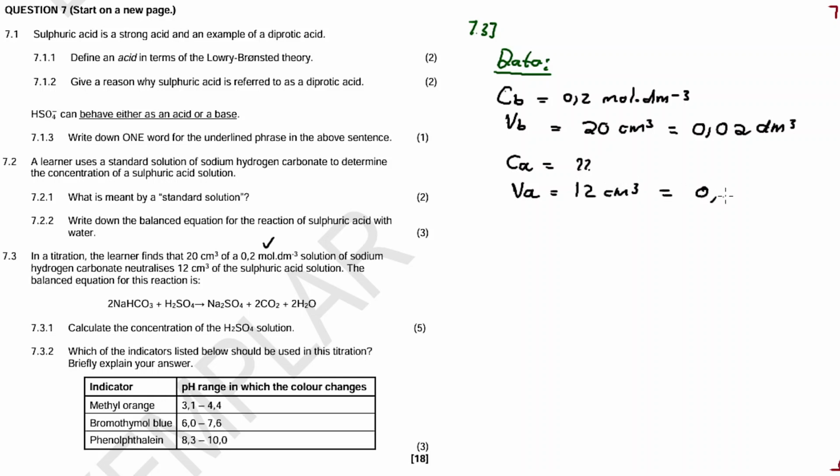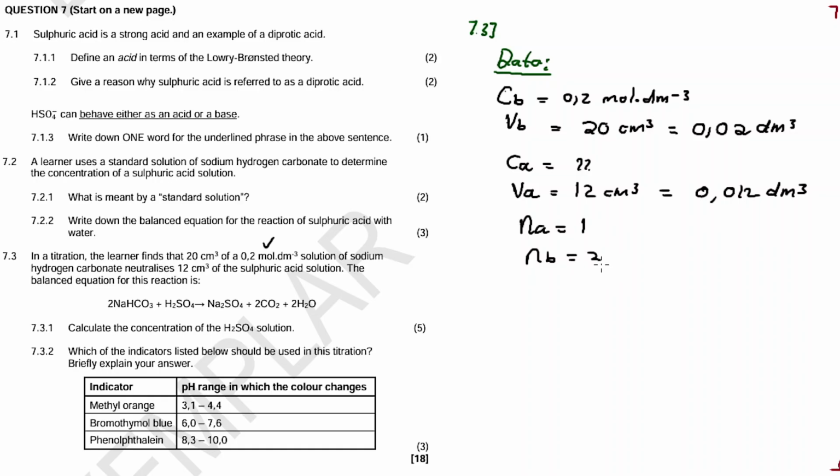Divide by 1000, 0.012 cubic decimeters, right? And then between the acid and the base, there's a ratio. Ratio of acid is equal to 1. Ratio of base is equal to 2.